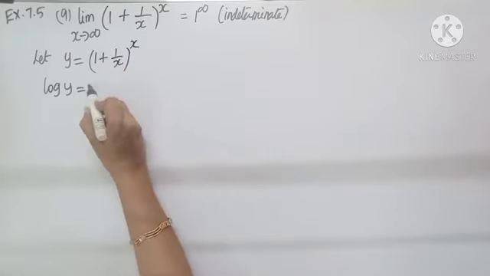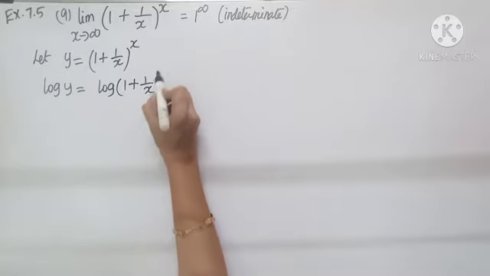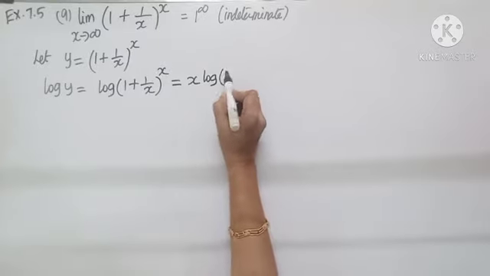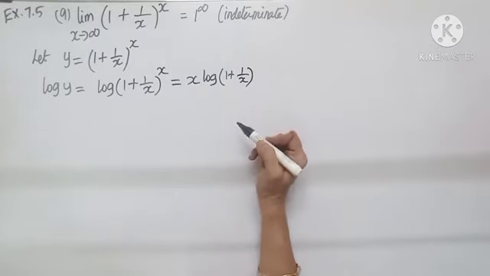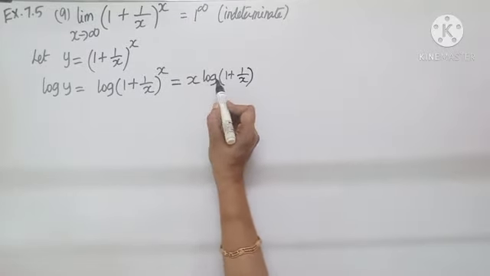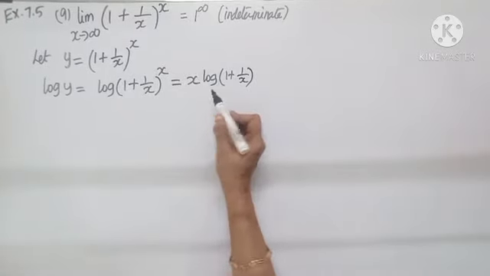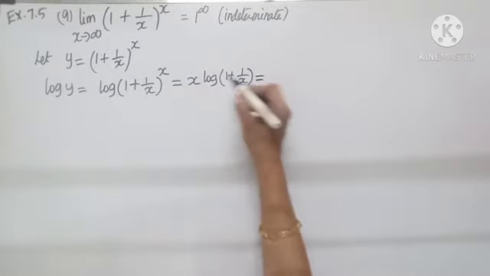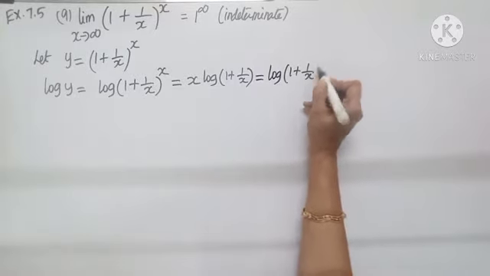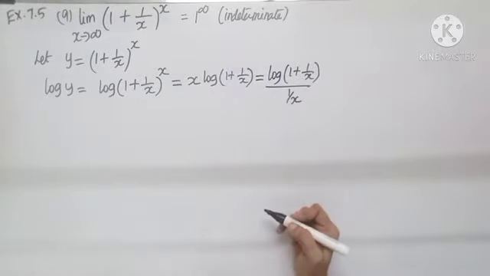Power will come near. So it is log of 1 plus 1 by x power x, or x log 1 plus 1 by x. Can you have x and log together in the numerator? To apply L'Hopital's rule, we need a quotient pattern. Log cannot come down. Keep log in the numerator. Bring this x down, so it becomes 1 by x.